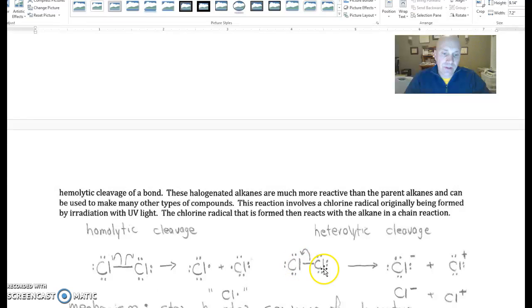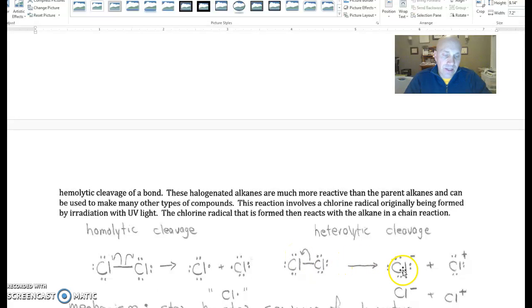If I showed this chlorine molecule right here, and I showed the electrons going from the bond to this chlorine, what that meant is we're going to take the electrons that are in this bond, and they're both going to go onto this chlorine.